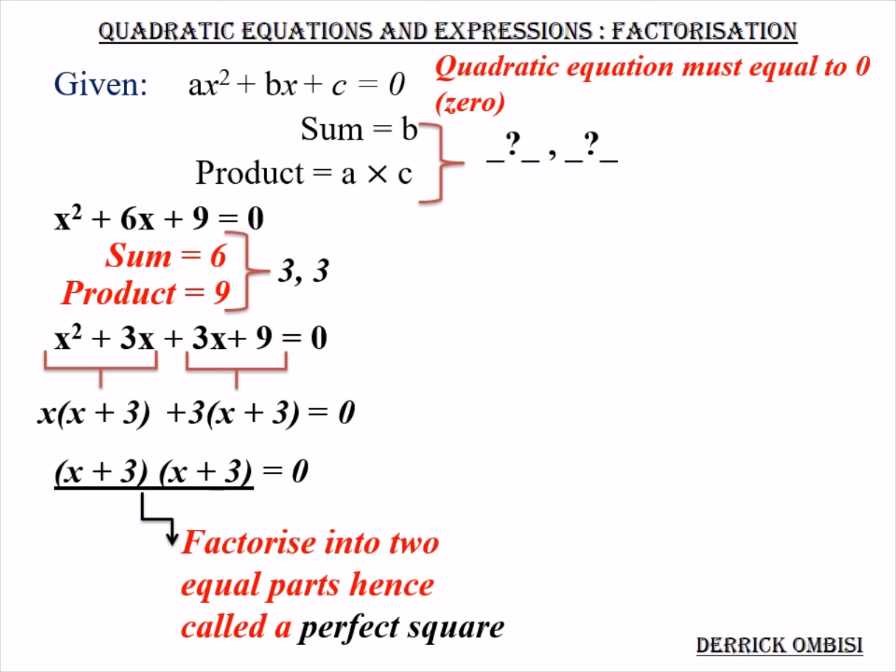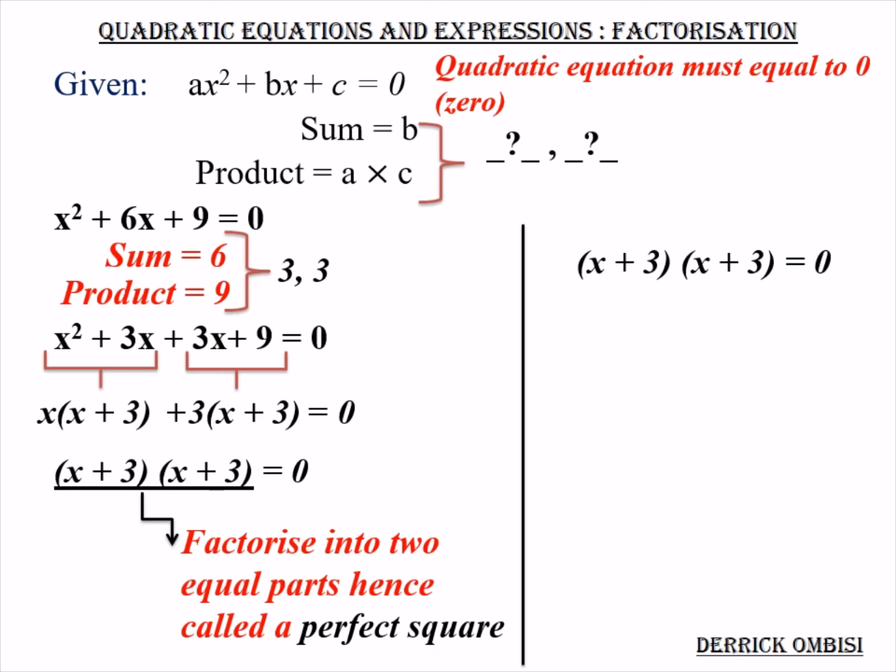And when it factorizes itself into two equal parts, we call it a perfect square. A perfect square is a quadratic expression that factorizes itself into two equal parts.